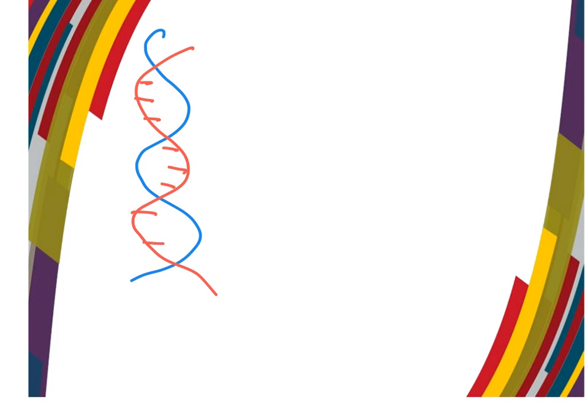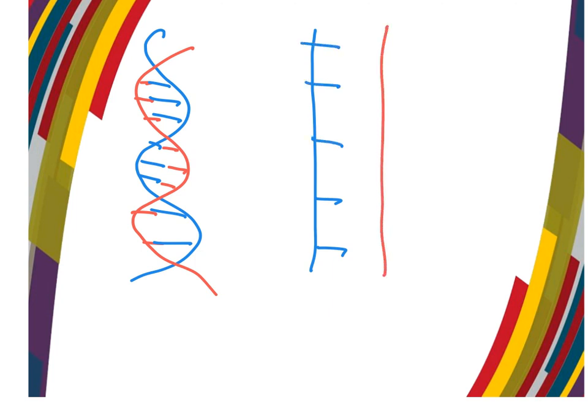If I was to unravel that strand, I would see that it looked a bit like a ladder. So if I'm going to do one strand here, and then I'll do the red one opposite. Please excuse my terrible drawing. And so our DNA is essentially a ladder made from two strands.